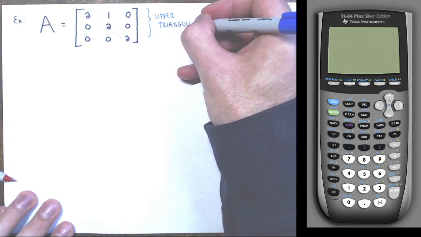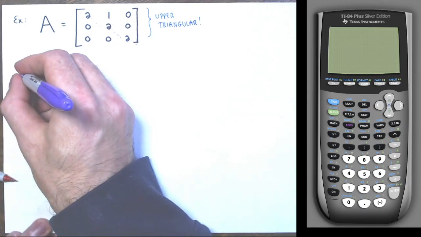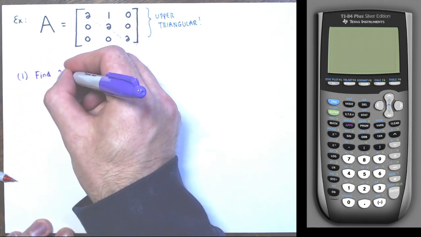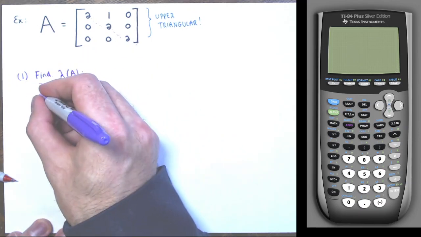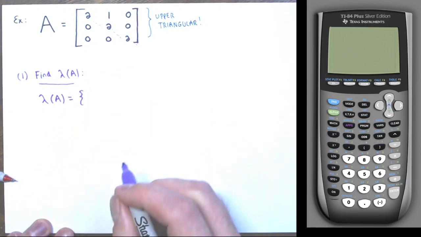And if you recall, the eigenvalues of a triangular matrix, whether it be upper triangular, lower triangular, or diagonal, were just the diagonal entries. So that first part, when I'm trying to find the spectrum of A, I can tell you right away because it's triangular.